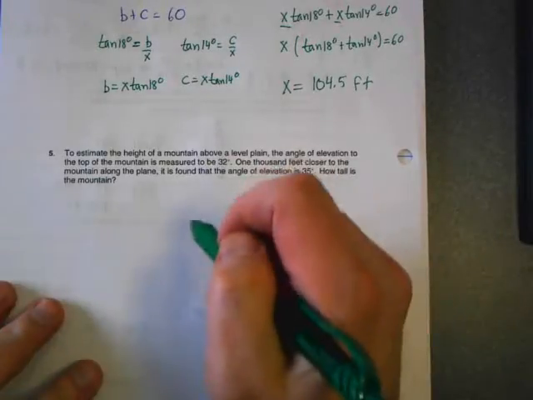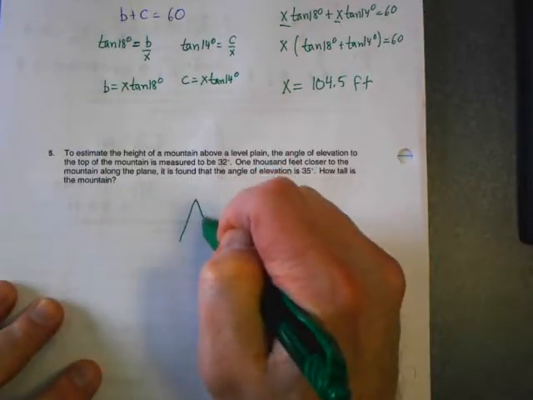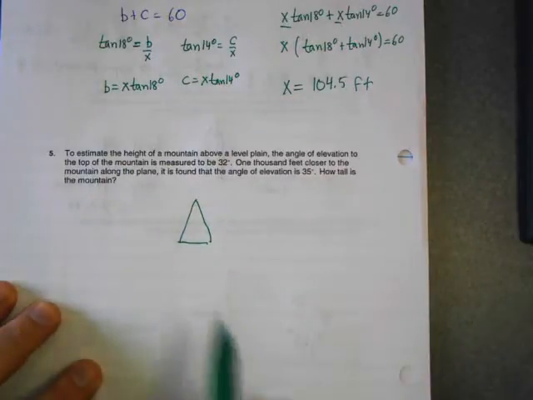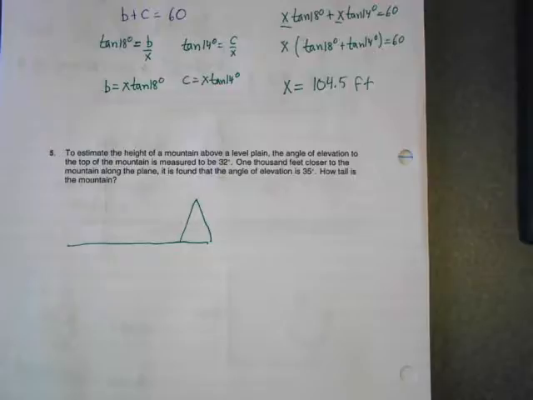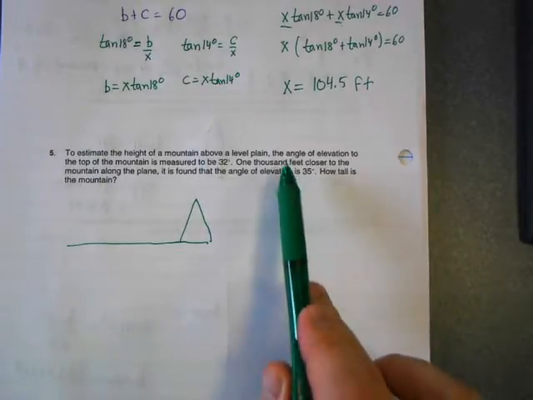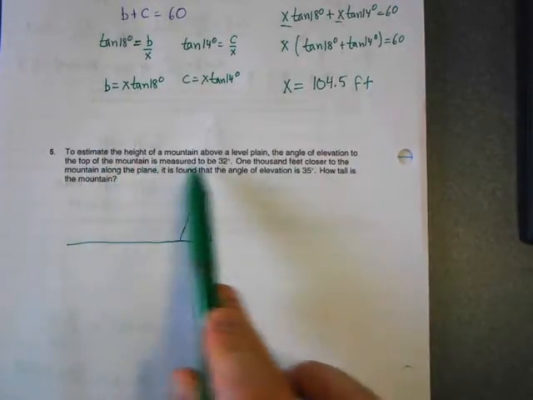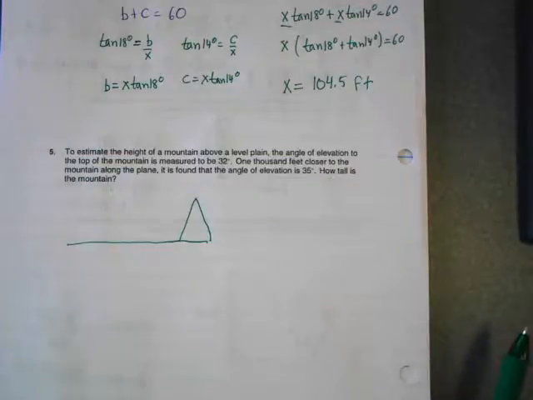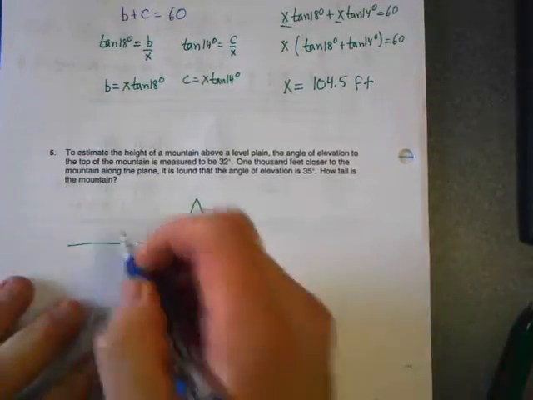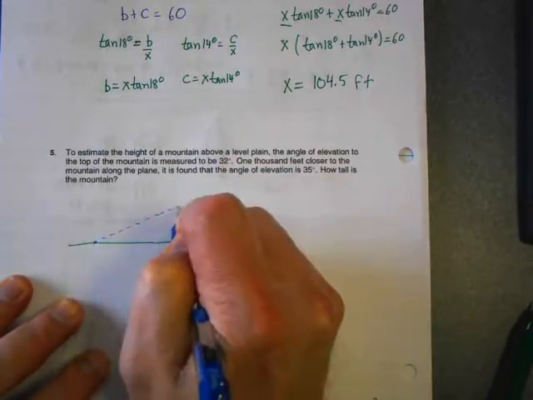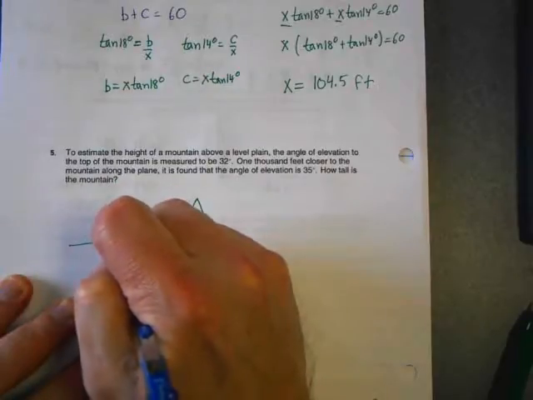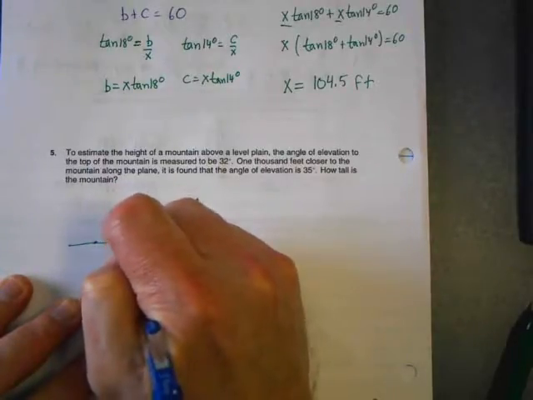All right, so we've got a mountain, and we've got a plain. So, what does it mean when it says the angle of elevation to the top of the mountain is 32 degrees? If I'm standing here and I'm looking at the top of the mountain, that angle right there is 32 degrees.